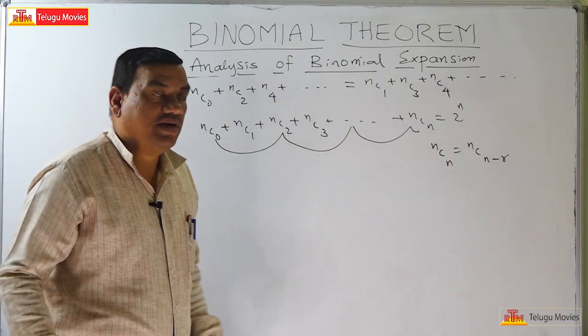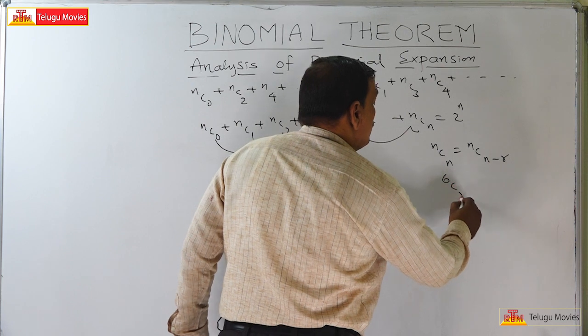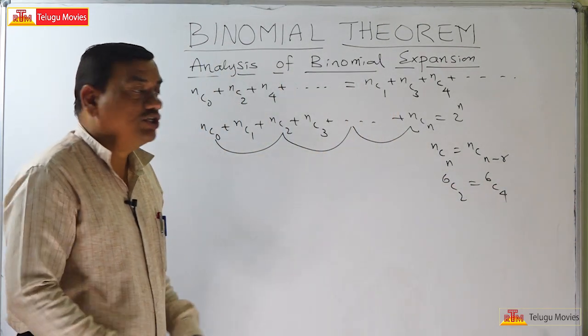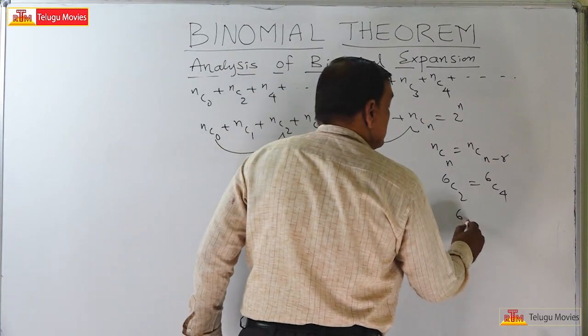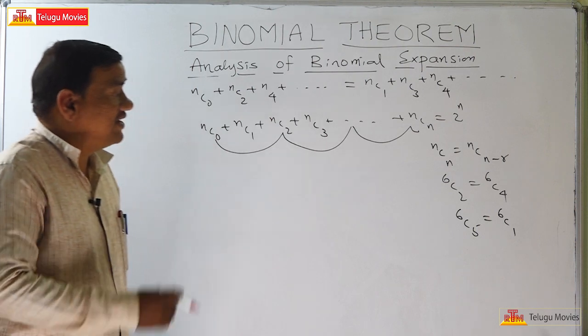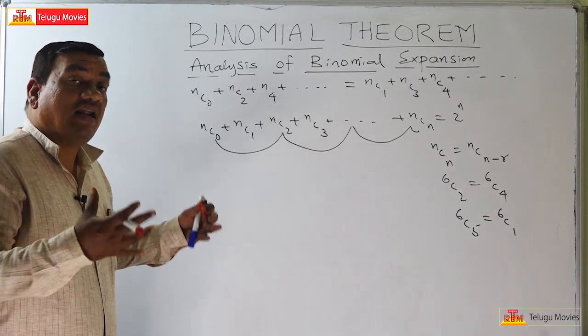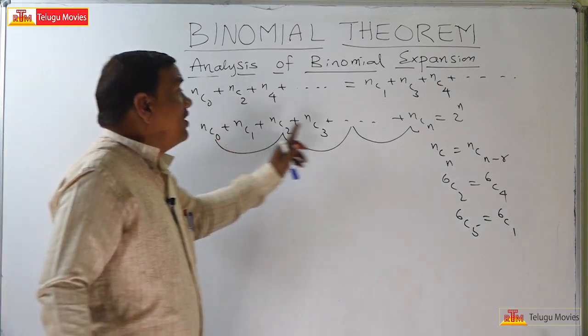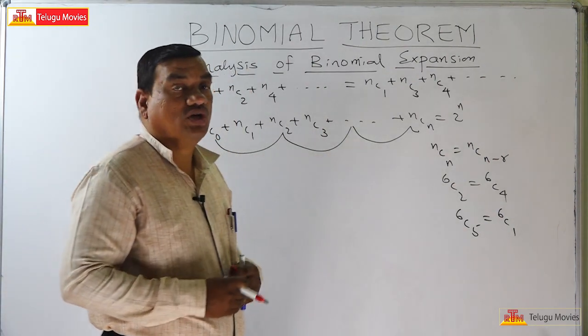That means 6C2 value is the same as 6C4 value, and 6C5 value is the same as 6C1 value. Like that both the sums become equal, and the two equal parts become half of the total sum.